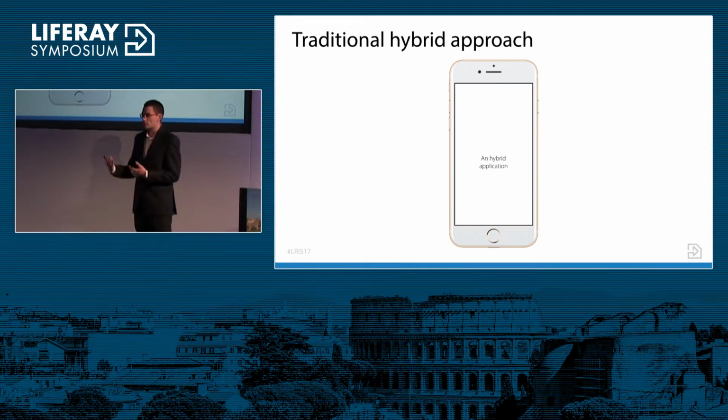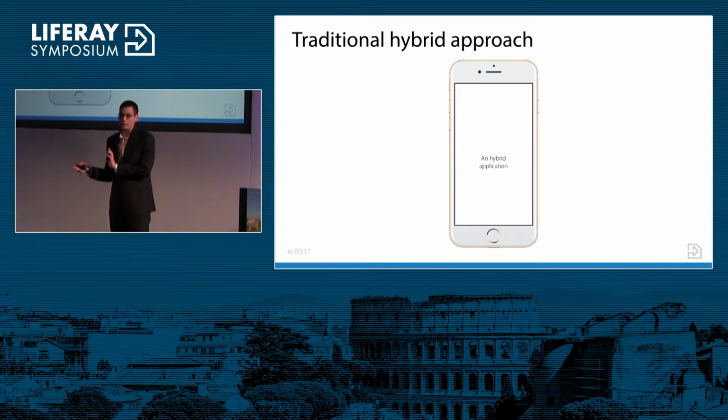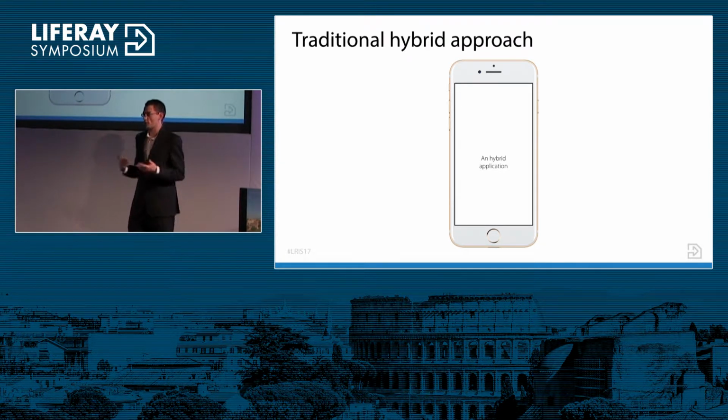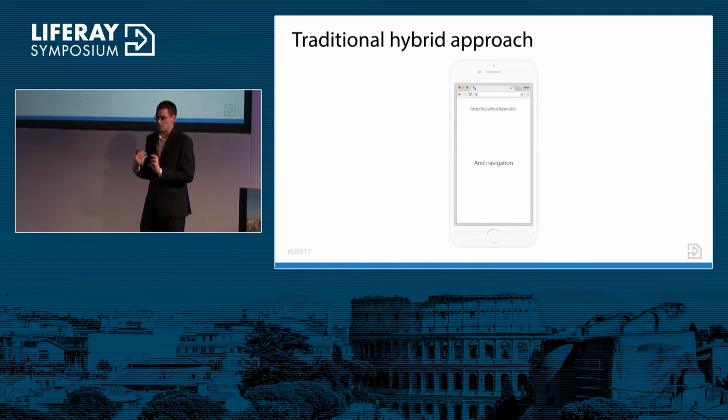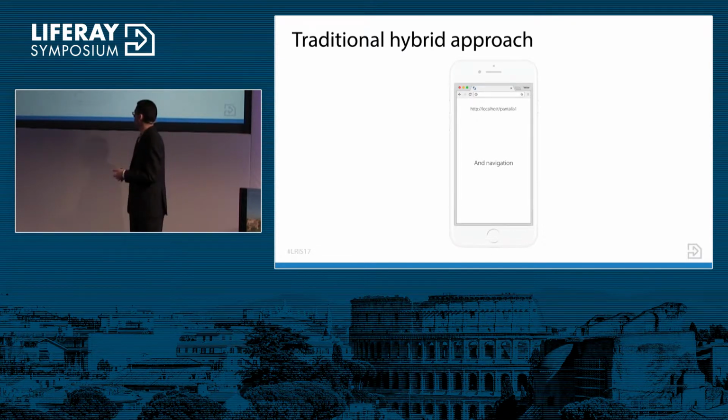So what's the traditional approach in hybrid development? You have your mobile application, and you want to create a hybrid application. So what you do is use an embedded web view, a web browser inside the mobile application, and everything renders there. If you want to do navigation, it happens inside that embedded browser, which all the platforms call a web view.